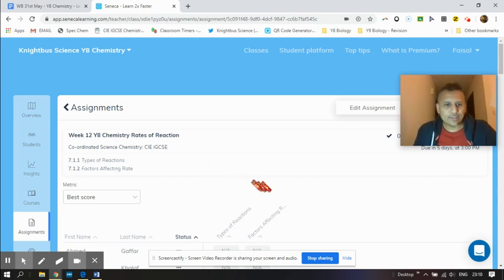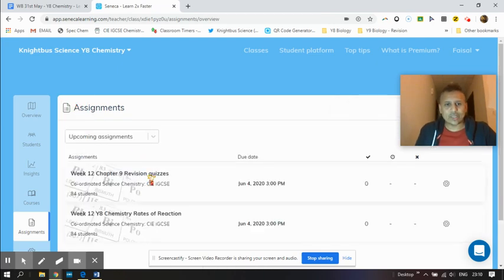All of that is covered very nicely in 7.1.1 and 7.1.2: all of the factors affecting rates of reaction, and also the types of different reactions. I'd like you to cover that very quickly this week, because I'd also like you to make a start on your revision, as this is your second test this year in chemistry.